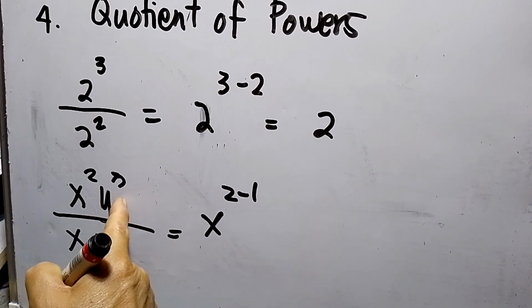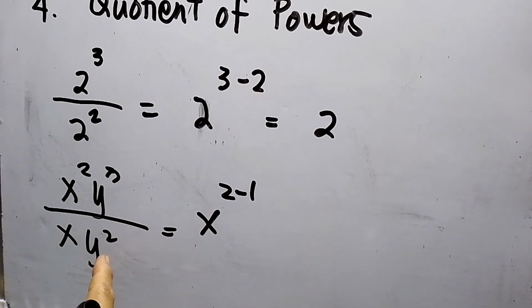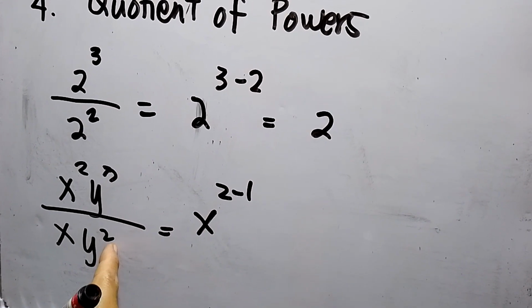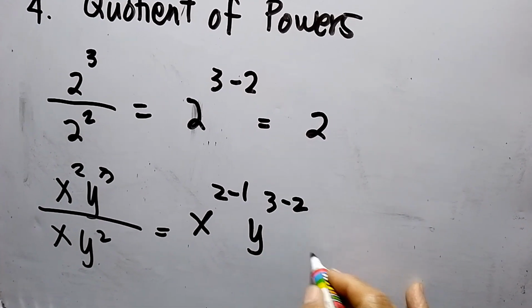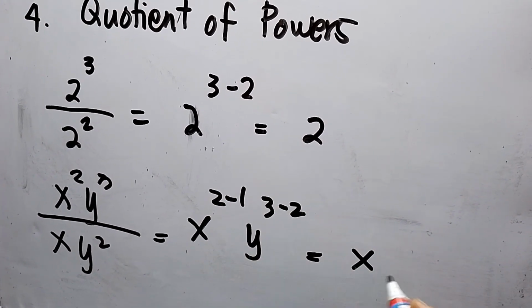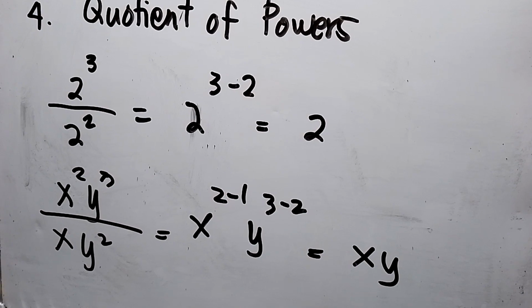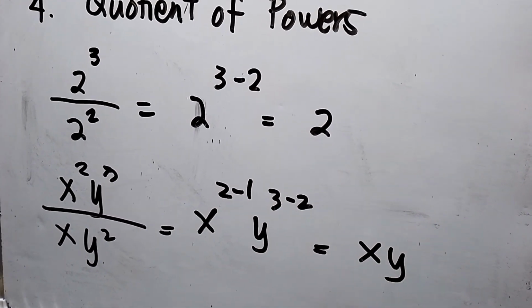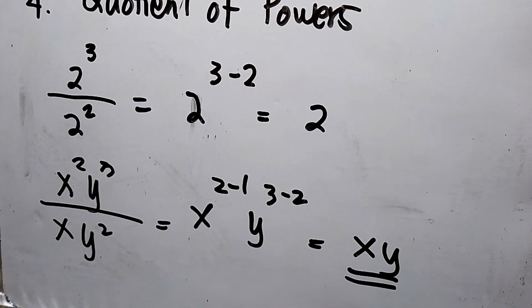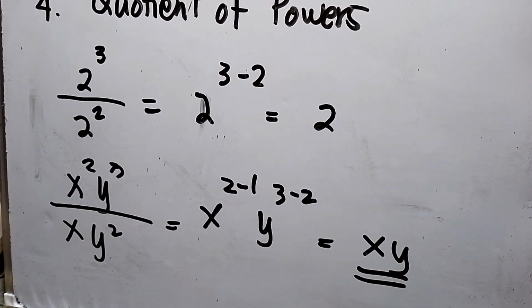The numerator variable y is 3, while the denominator variable y is 2. So I can write 3 minus 2. So this will be x, then y, because 3 minus 2 is 1, and 2 minus 1 is 1 also. Therefore, my answer is xy. So understood, there is an invisible 1 in here.